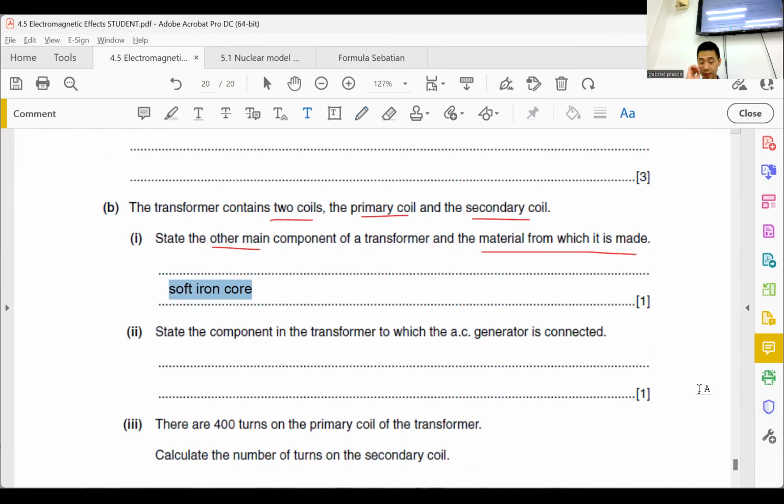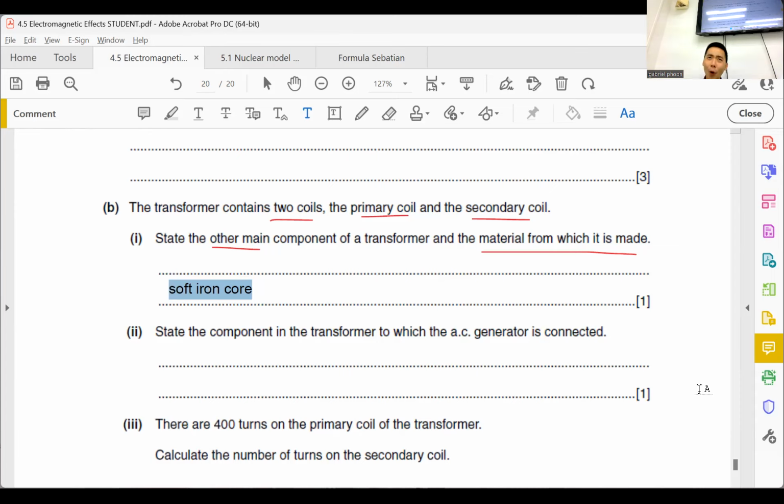Then which part should the AC generator be connected to? Anyone? Which part should the AC generator be connected to? Which part of the transformer should the AC power supply be connected to?